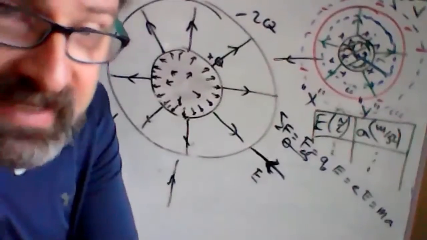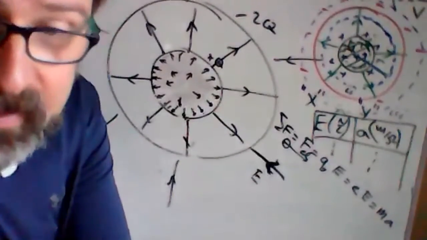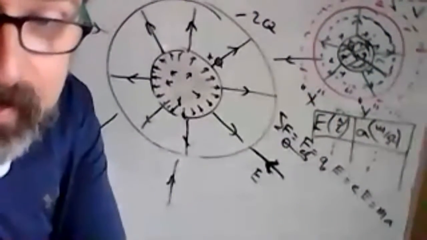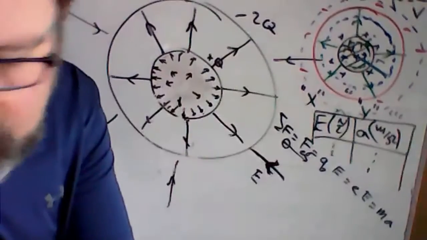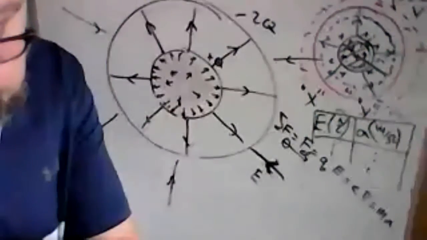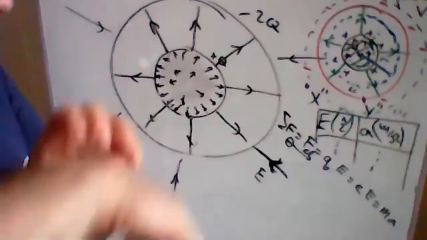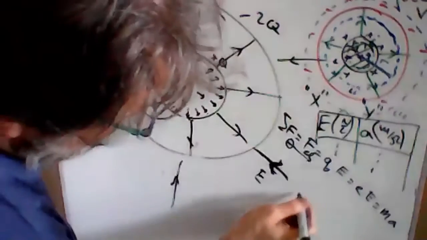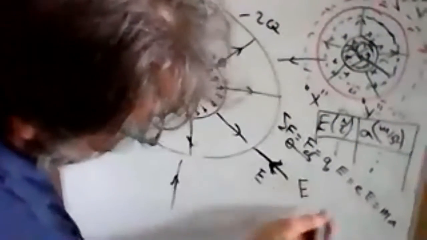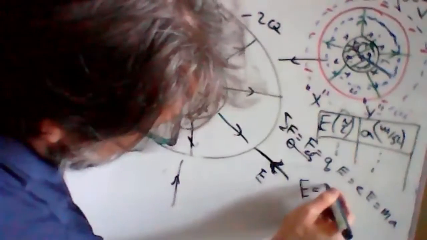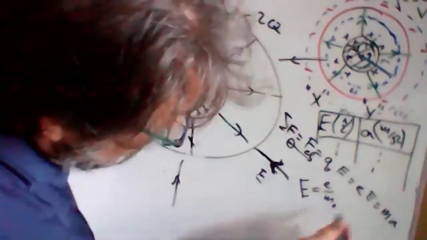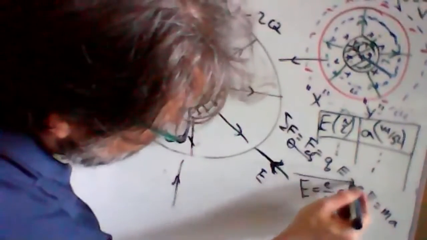You can plot A versus E or E versus A, either one works. Okay? Okie dokie. So we say A is equal to the charge of the electron over the mass of the electron times E. There we go.